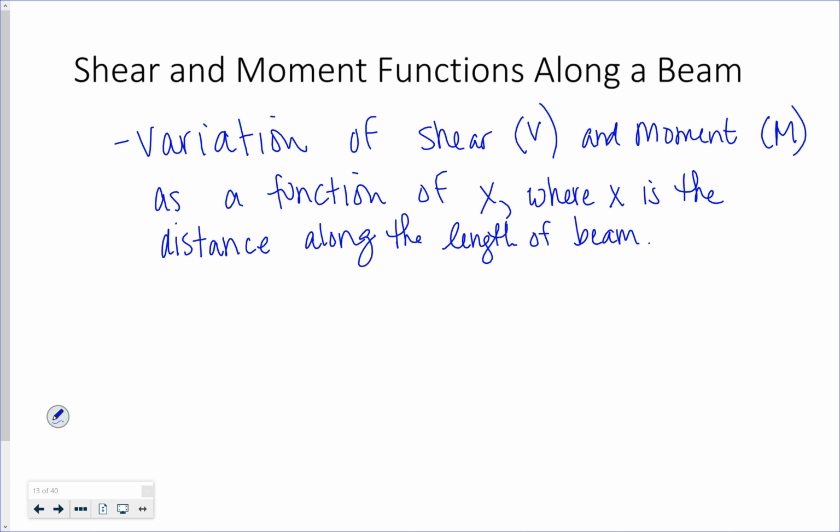That means if you define these functions, you can find the shear and moment at any point along the length.